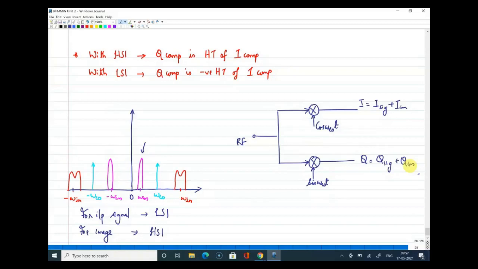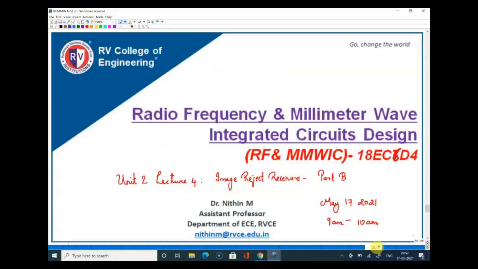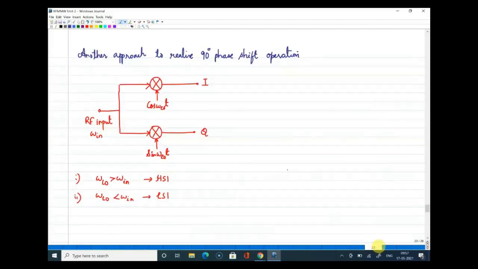All right, so that is all for today's discussion. We started by looking at one more method to realize this 90-degree phase shift operation, just by using two mixers and having local oscillator signals with quadrature phases like cos omega LO t and sin omega LO t.